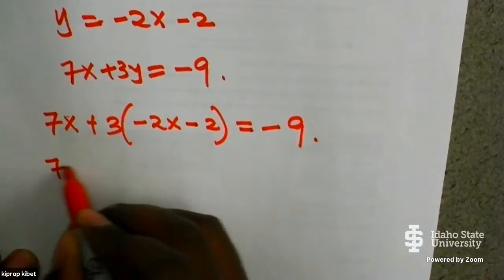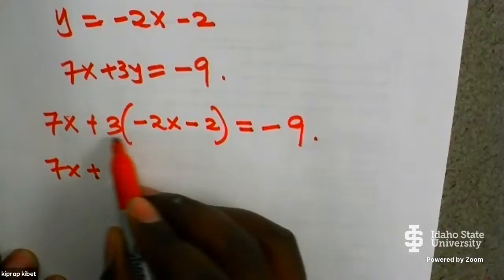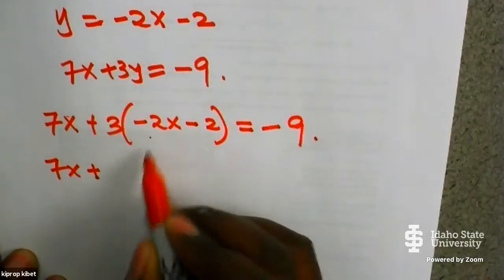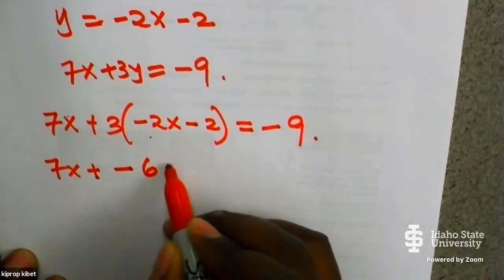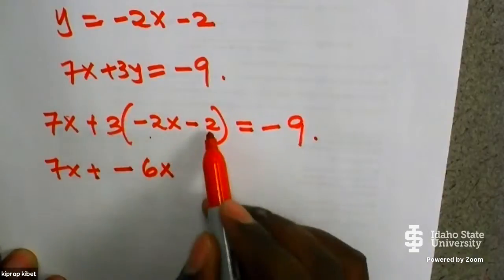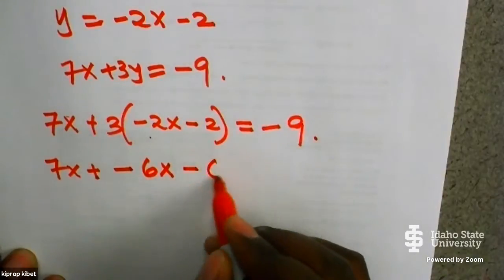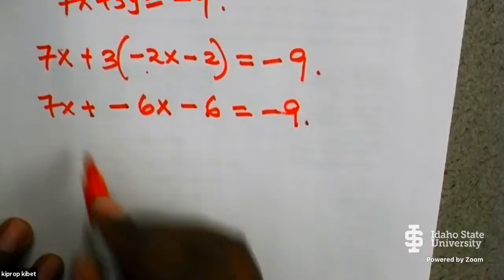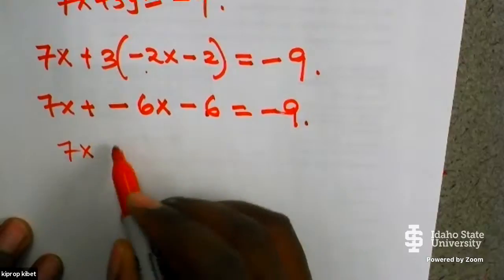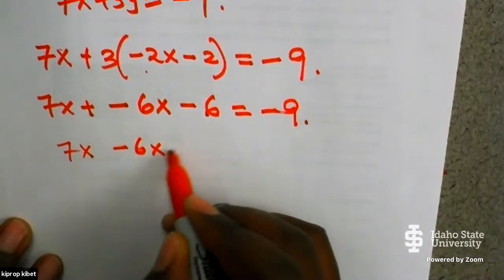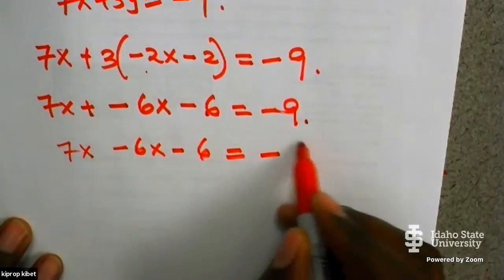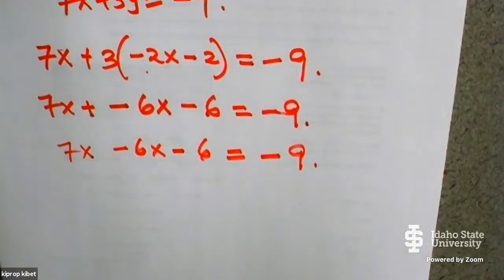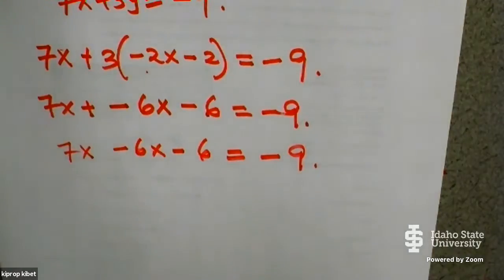We get 7x minus 6x minus 6 equals minus 9. So 7x minus 6x is x.